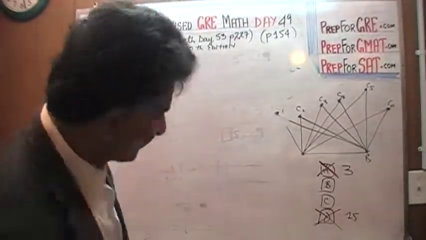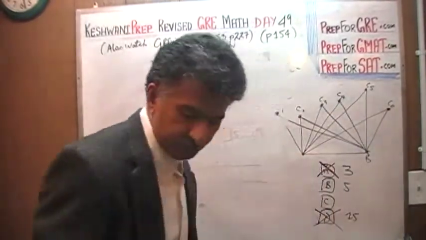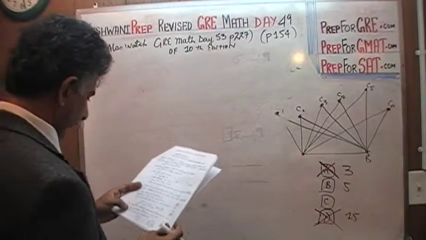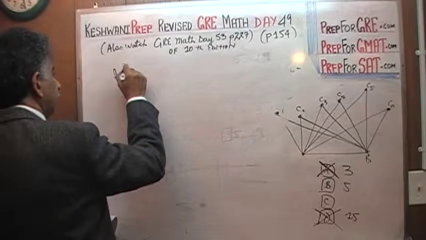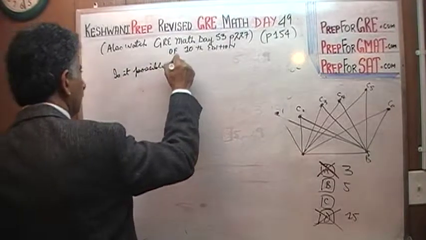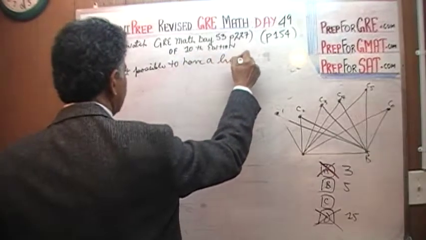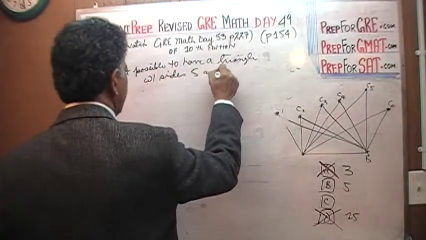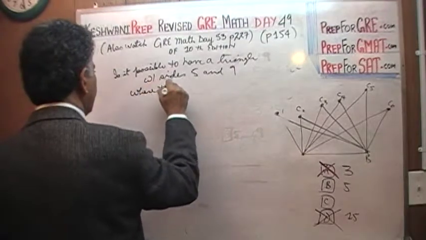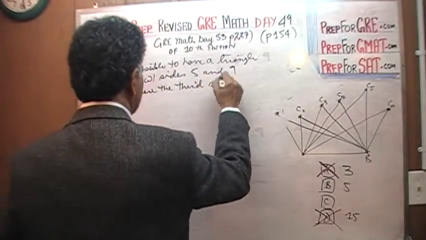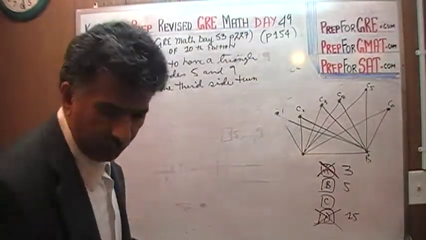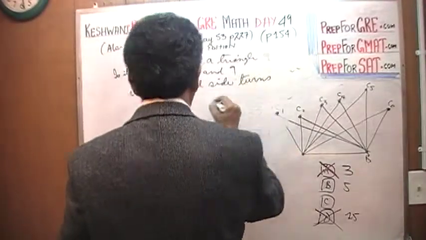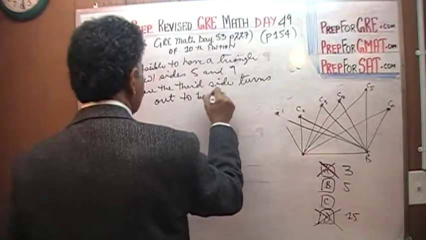What does B say? B says 5. The question is, is it possible to have a triangle with sides 5 and 9 where the third side turns out to be 5?